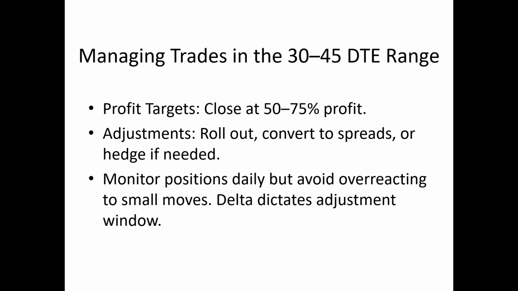And then again, this isn't a set and forget type of an adjustment. If you are using a delta hedge and you're spending some or all of the initial credit that you had collected, you also want to unhedge as soon as the conditions have improved.